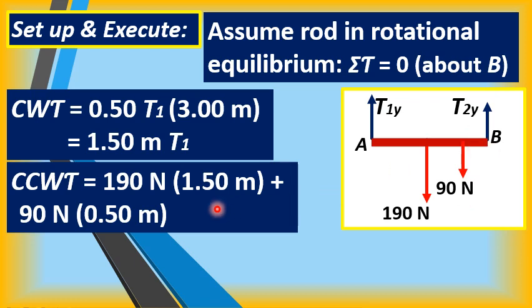So, when you simplify, that will be equal to 330 meter Newton. This is the sum of the torques, which we label here as CCWT, in other words, the torque that will cause the rod to rotate in counterclockwise direction.